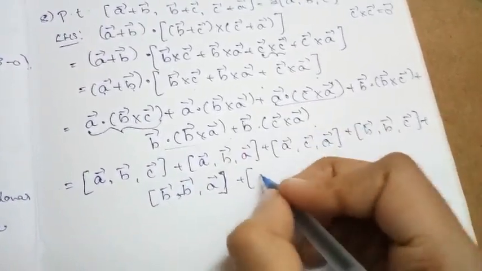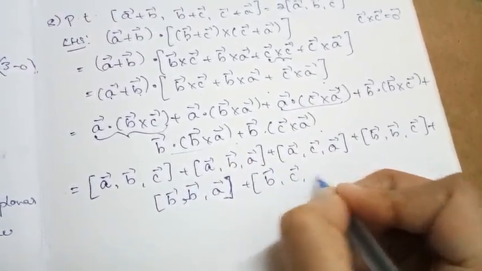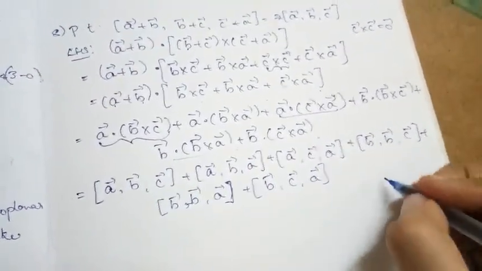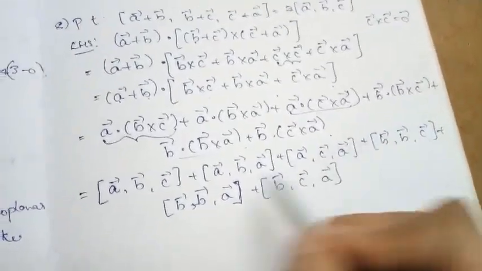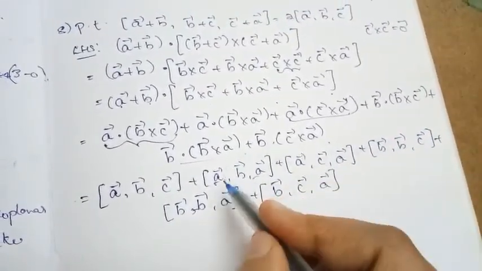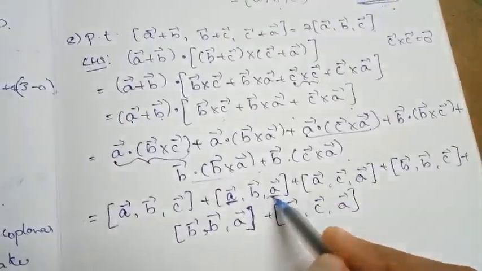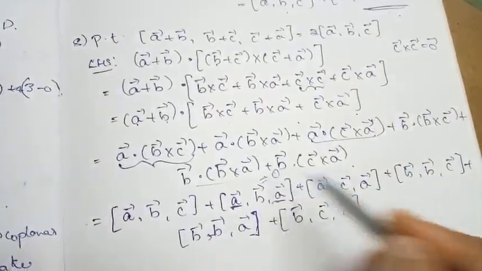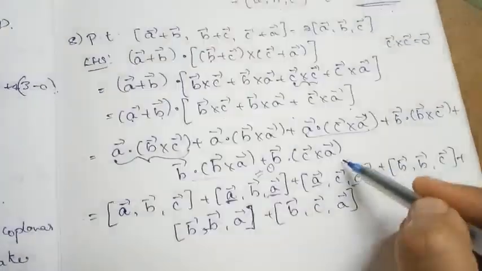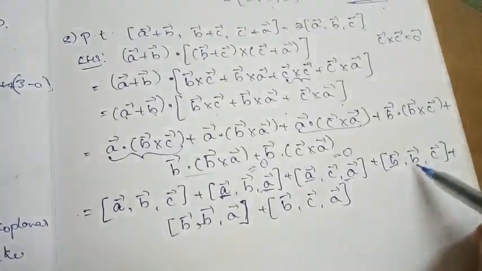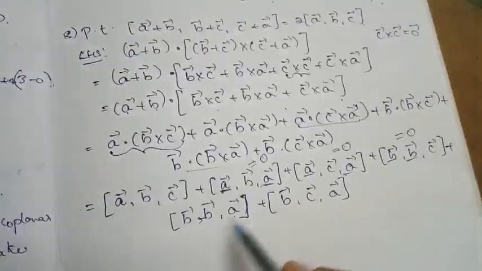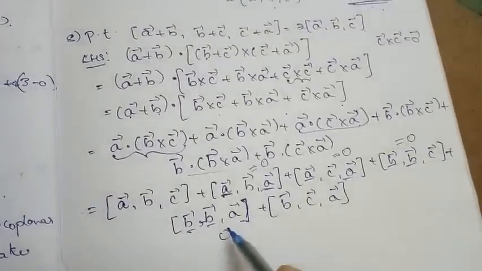Plus what about this one? [B, C, A]. We know that if there are any two identical vectors, then the scalar triple product is equal to 0. So here you can see two identical vectors, so the value of this one is equal to 0. Here also two identical vectors, value is equal to 0. Identical vectors, value is equal to 0. Identical vectors, value is equal to 0.